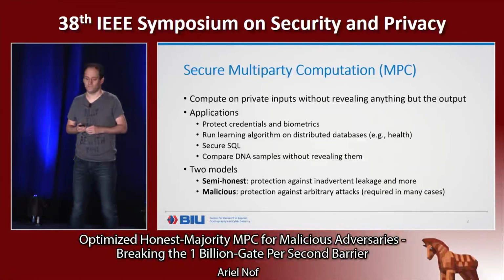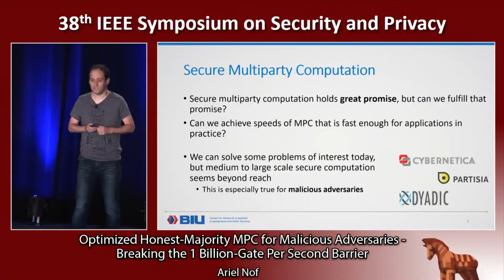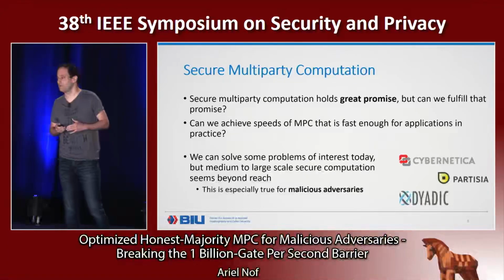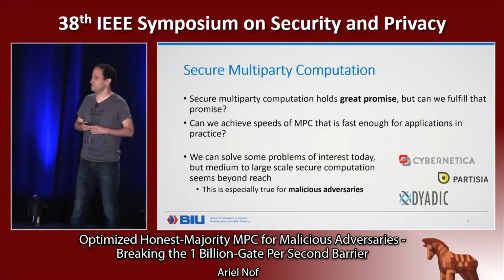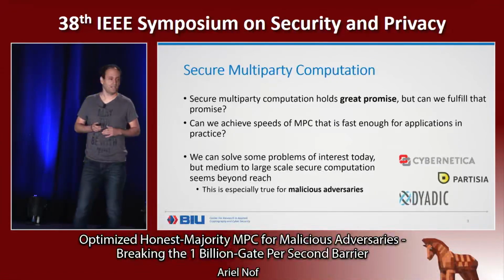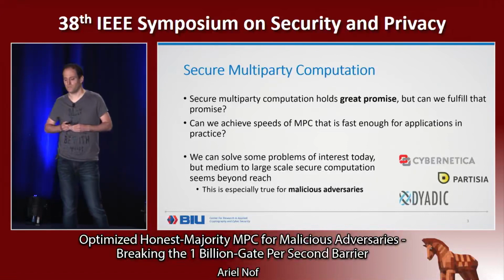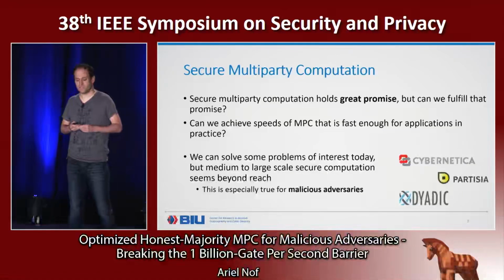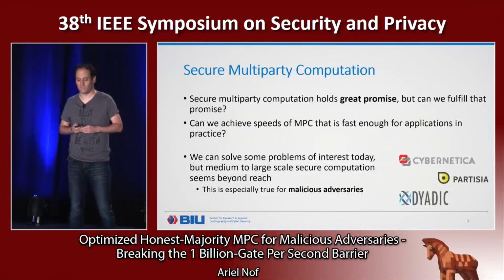Now, the current status of the MPC field is that there are already some real-world problems that we can solve using MPC. There are several companies which have products that are based on MPC, but in many other cases, MPC is not considered fast or efficient enough to solve real-world problems, and this is especially true when we deal with malicious adversaries.